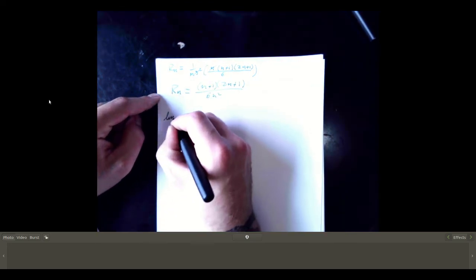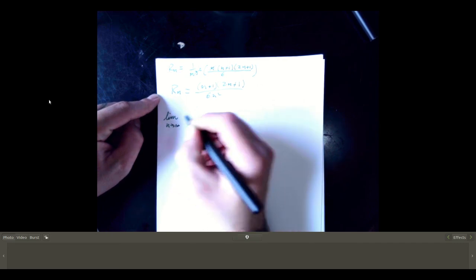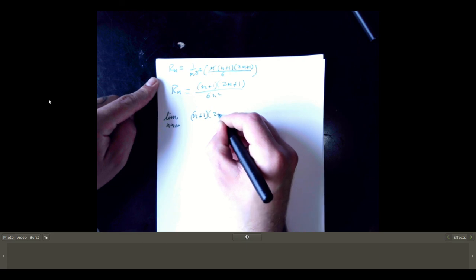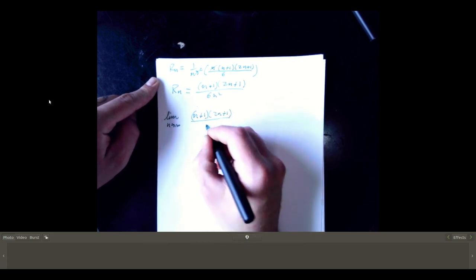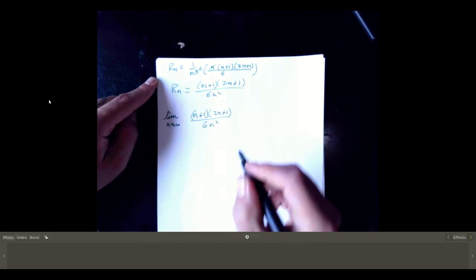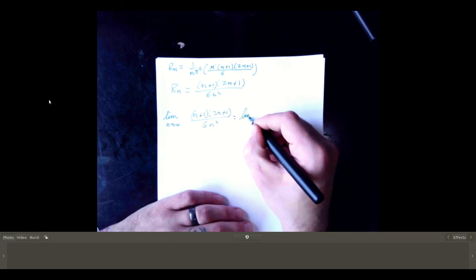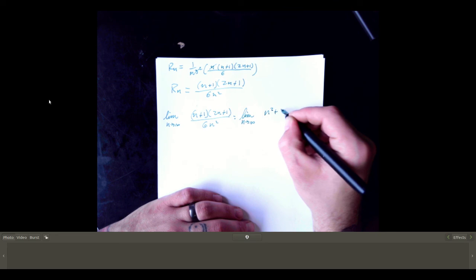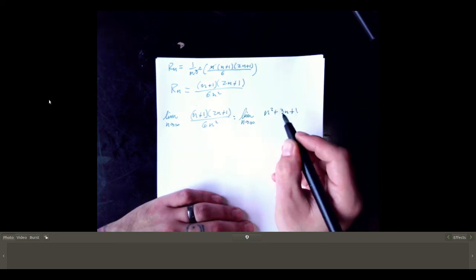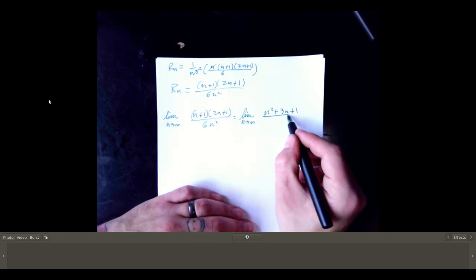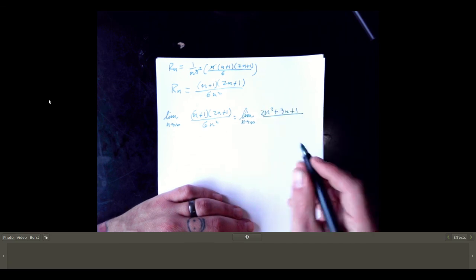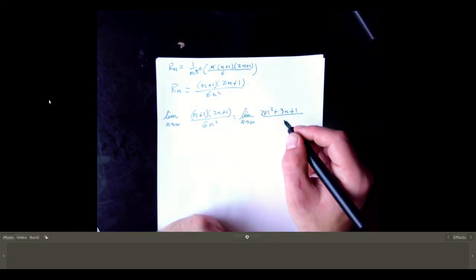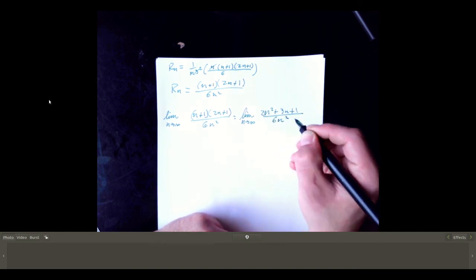So we take the limit as n goes off to infinity of n plus 1 times 2n plus 1 all over 6n squared, which is the limit of 2n squared plus 3n plus 1, all divided by 6n squared.